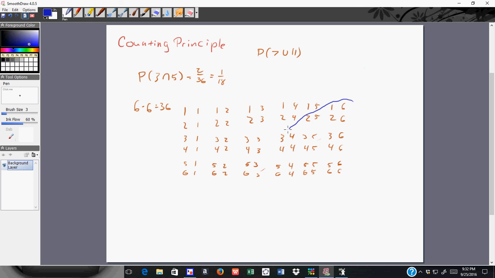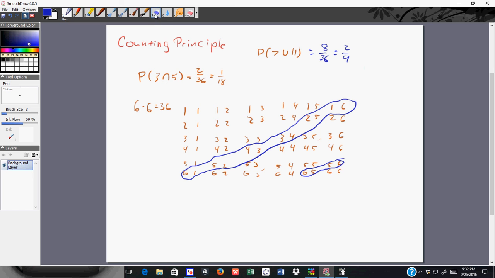It ends up being this diagonal here. These are all 7. And then 11 is this small diagonal here. And you can see there's 1, 2, 3, 4, 5, 6, 7, 8. So the probability of 7 or 11 is 8 out of 36. That reduces down to 2 ninths.